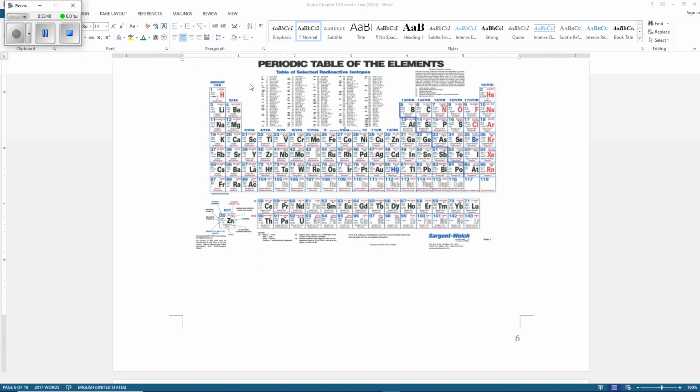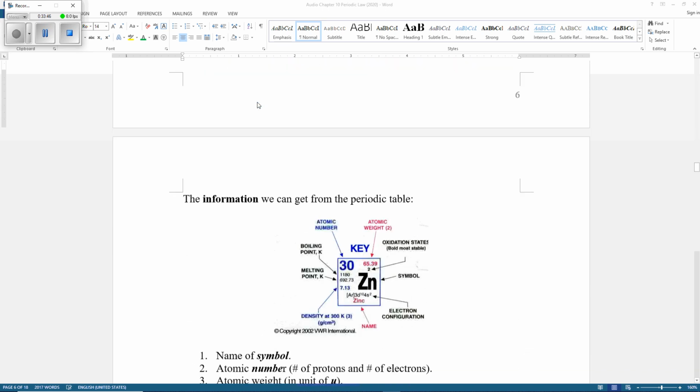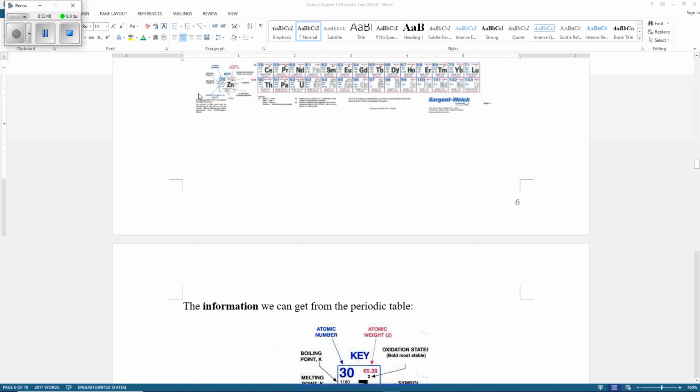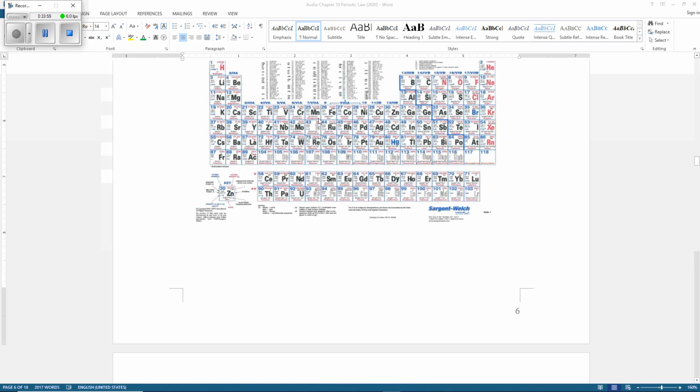Remember, I made a copy. So what kind of information can we find? Look here, this gives you an example. This is zinc, number 30. Number 30 is right here, zinc.